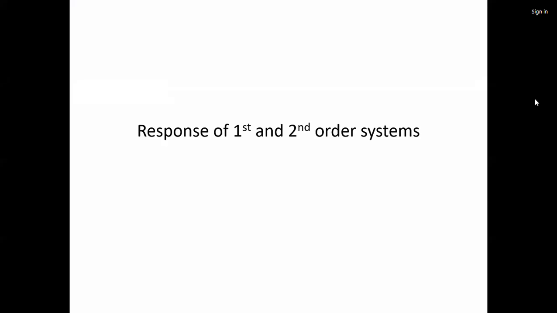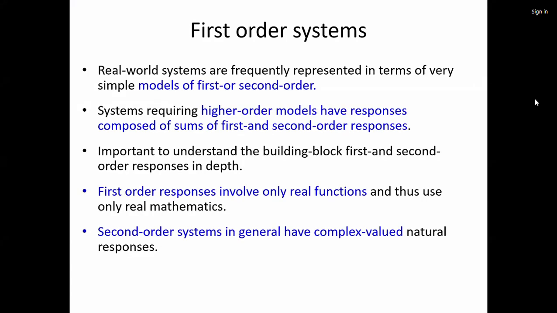So I wanted to talk about the orders of systems. First, we will talk about first order systems. If you look at the various real world systems around you, it could be any machine or an instrument, these are frequently represented in terms of simple models like the first or second order system.